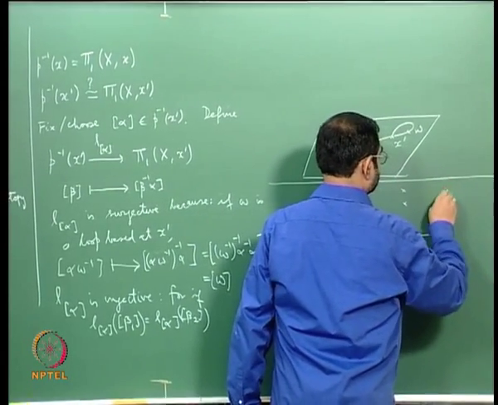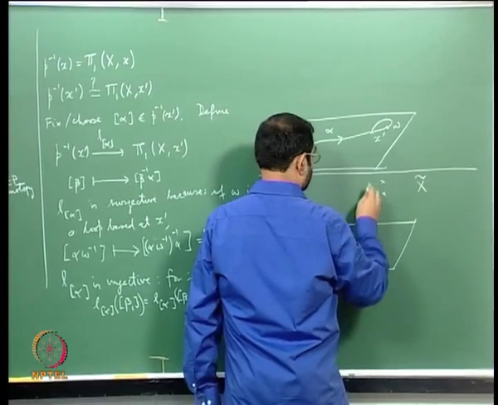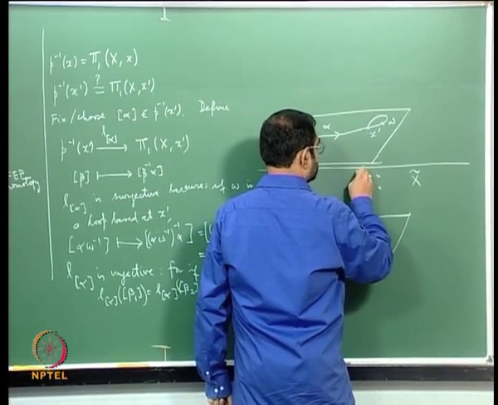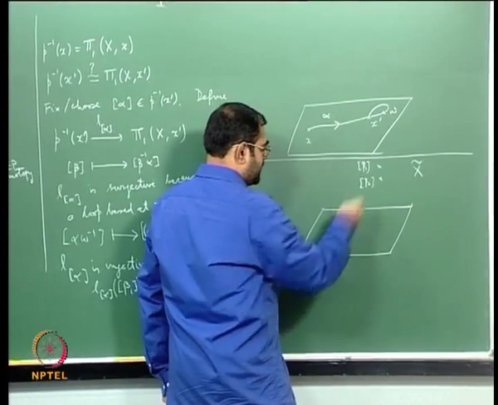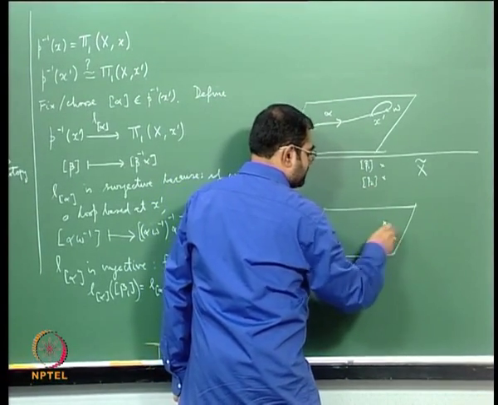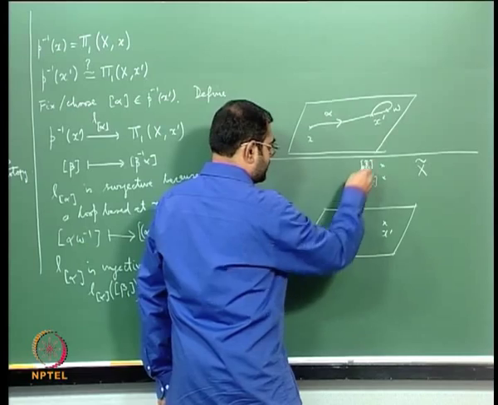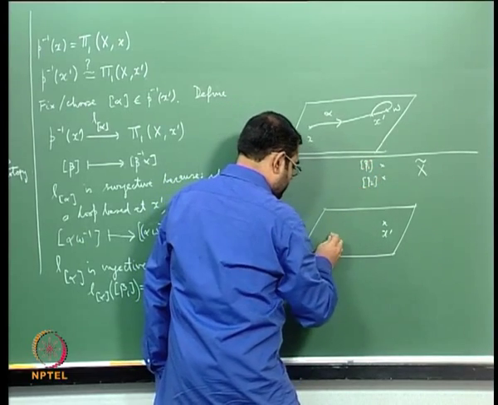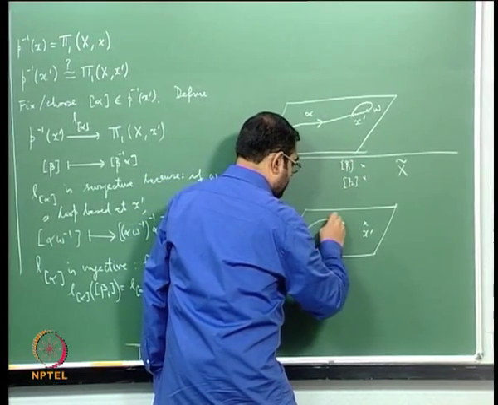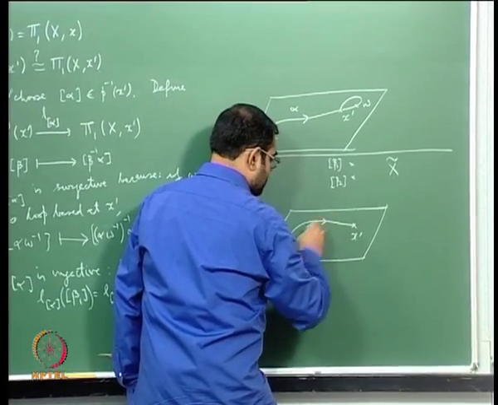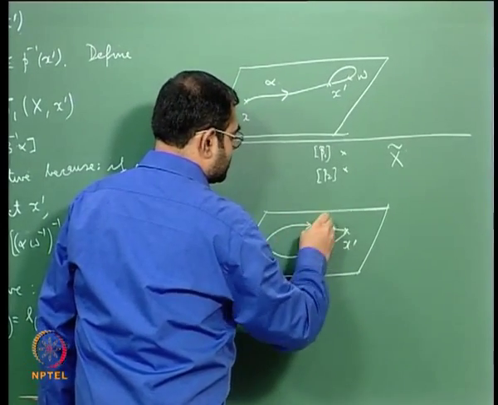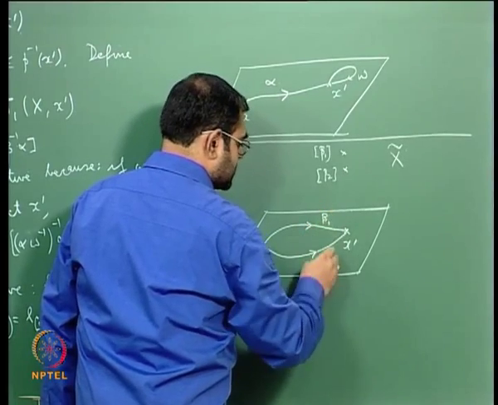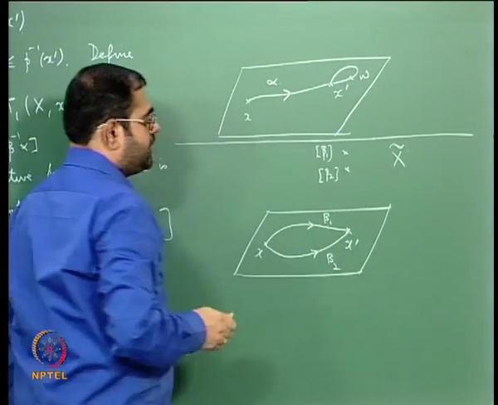So this is above, this is in x tilde, I have 2 points beta 1 and beta 2, and these 2 points are lying over the point x prime, and what does each one of them correspond to? They correspond to the homotopy class of a path from x to x prime, namely, say this is the path beta 1, this is the path beta 2, okay.